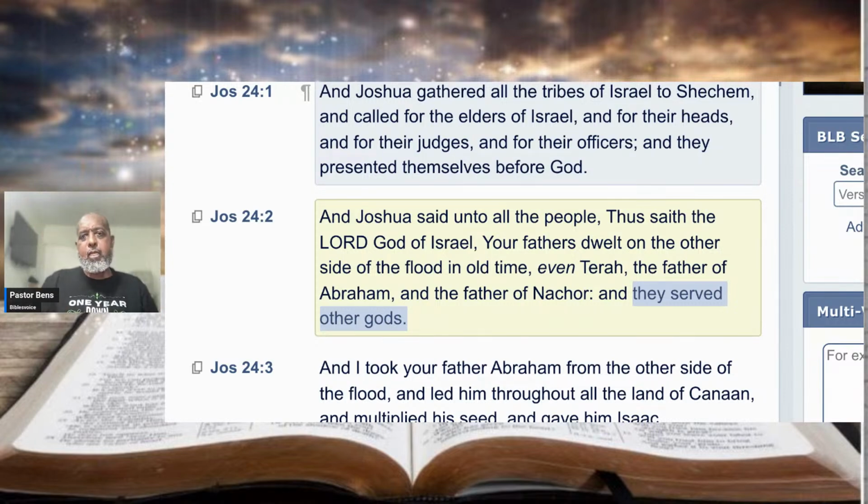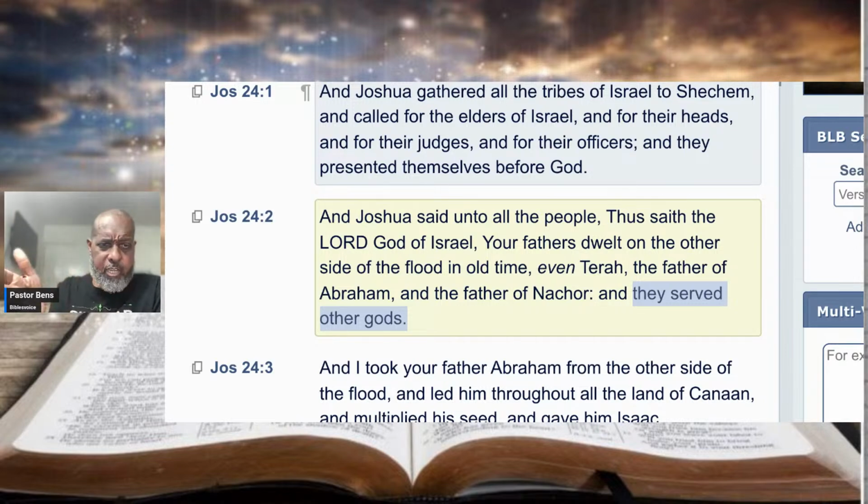Guys, let me say this. These Islamic individuals who have taken over Damascus, they believe that Abraham and Abraham's father and his heritage, they believe that Abraham was a Muslim, which is ridiculous because Abraham lived long before Islam was even created.